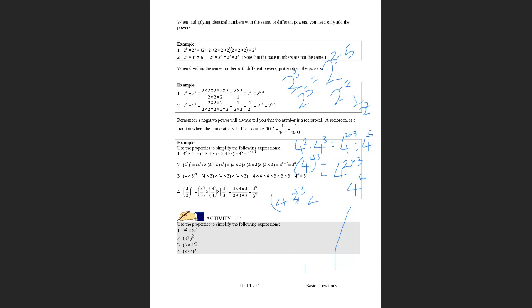So we are going to have 4 exponent 3 times 3 exponent 3, in that order. Okay, so please go and do activity 1.14. Yes, Luwazi.